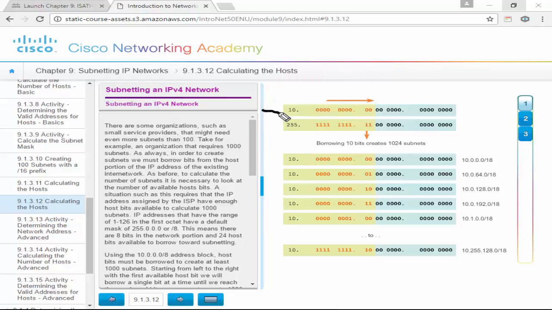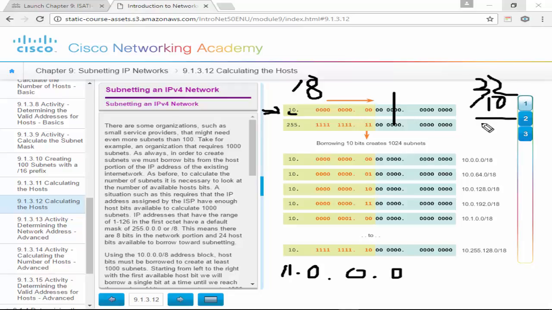Now we're using a class A, right? And if we just needed 1,000 hosts, so 10 host bits, it's going to stop here. How many networks would that give us? Well, now we have a /8, and so we're asking from 10.0.0.0 to 11.0.0.0. We need 10 host bits, and we have 32 bits possible, so it's a /22.